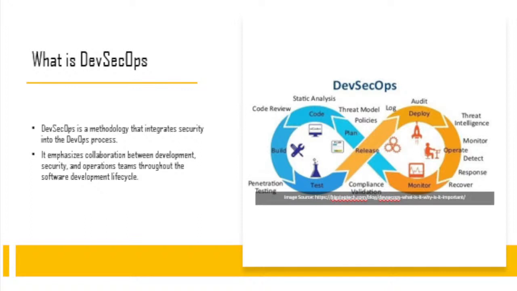This entails the incorporation of security considerations from the design phase, conducting security testing and code reviews during development and implementation, security monitoring and incident response capabilities in production environments, and embracing automation.